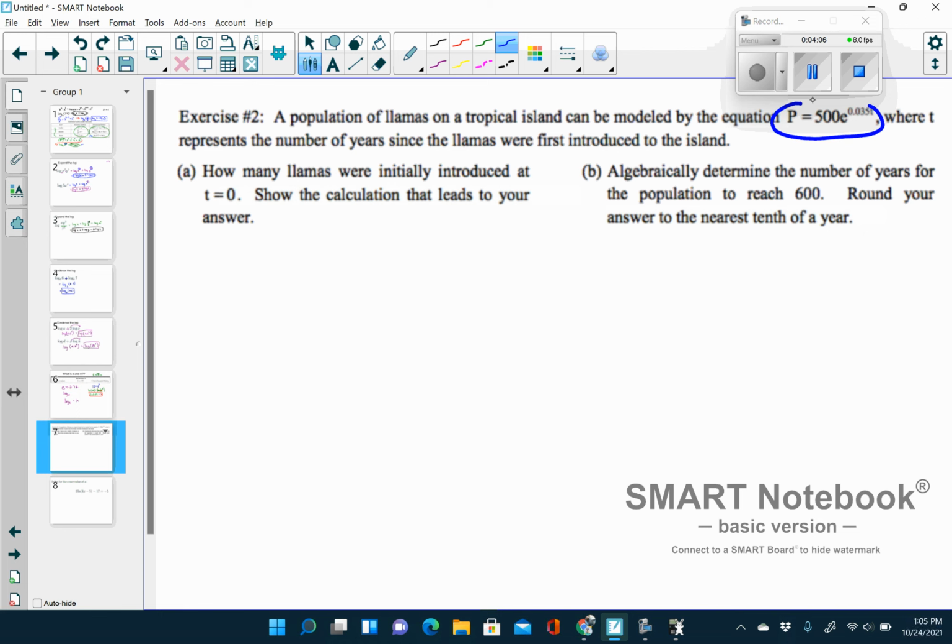We have an equation: P equals 500 e to the 0.035 t. And they're asking how many llamas were introduced at t equals 0.